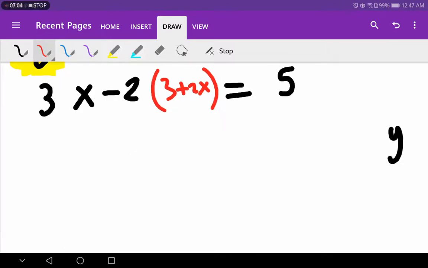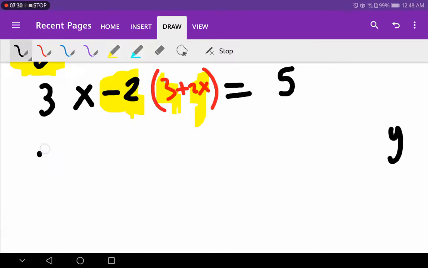Now, here, some students will fall into a common mistake. See here, we have 2. They will multiply 2 by 3, and multiply the 2 by 2x, but they forget that it is not 2 here, it is negative 2. Don't miss that. This is the mistake.